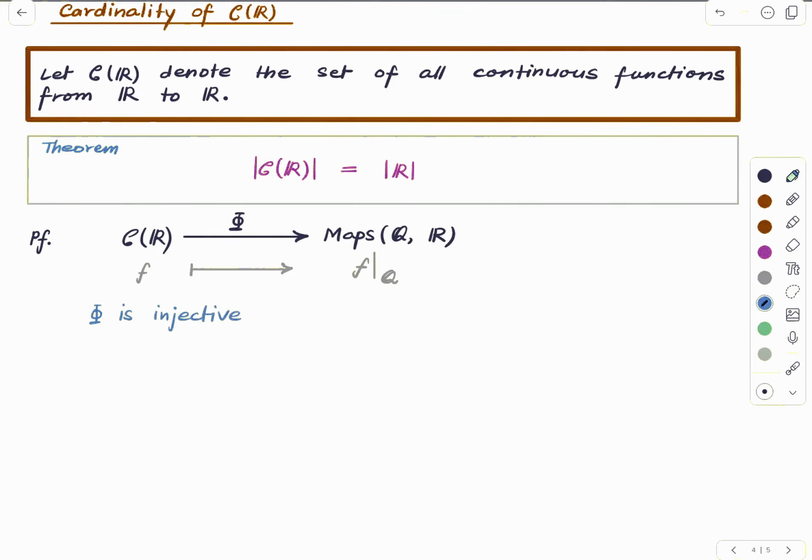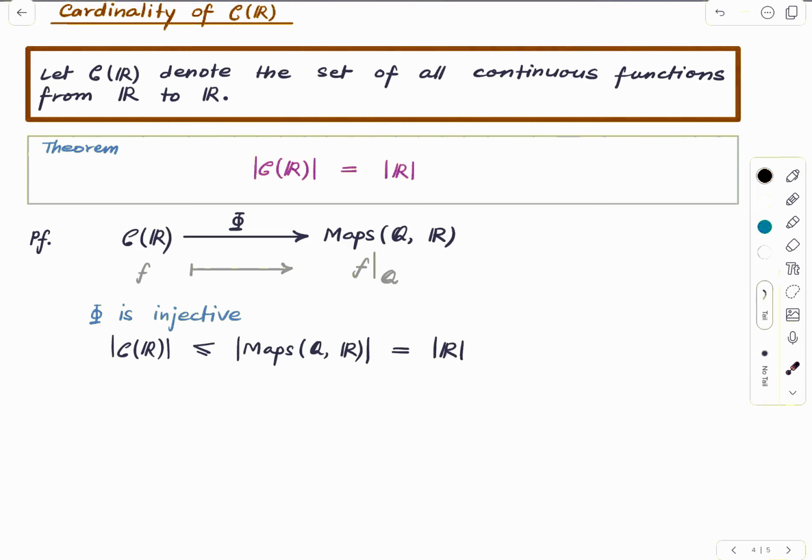This is injective simply because if two continuous functions agree on a dense set, then the continuous functions are equal. This is what the previous proposition was. So this is an injective map immediately from the previous proposition. Therefore, what we see is that this cardinality is at most the cardinality of the maps from rationals to reals, which is the same as the cardinality of reals as we commented in the beginning.